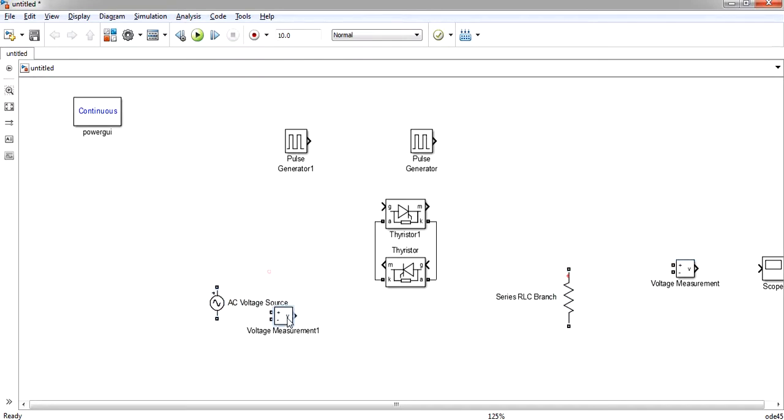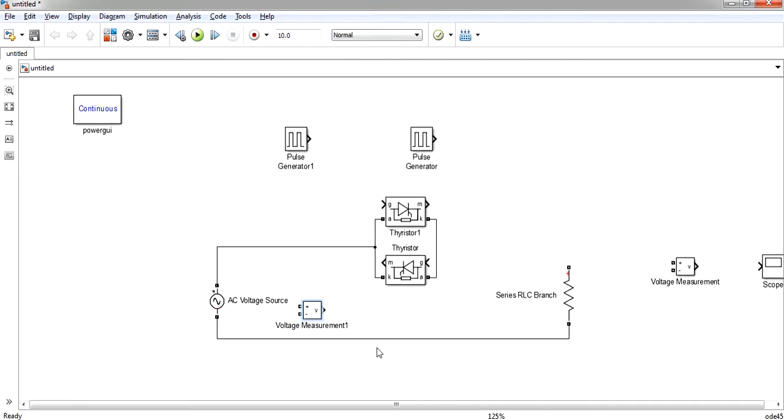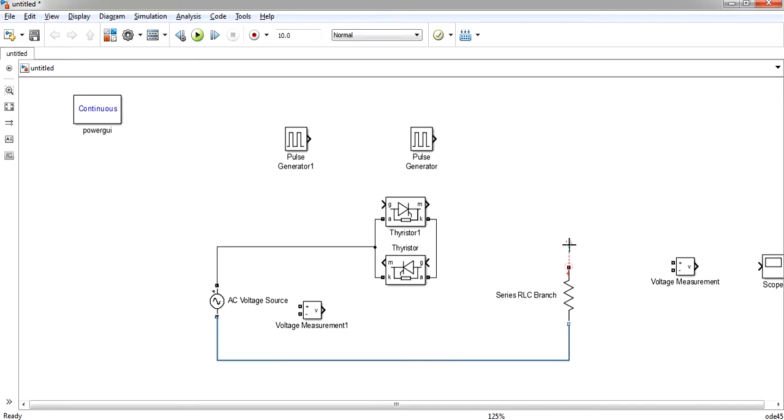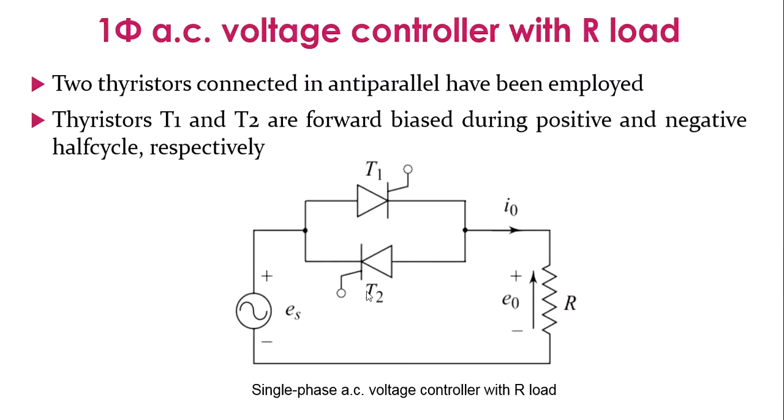One terminal will be connected to this anti-parallel pair and the other to the resistive load. Again, the second terminal of the resistive load will be connected to this thyristor pair. In this way we are done with this configuration.